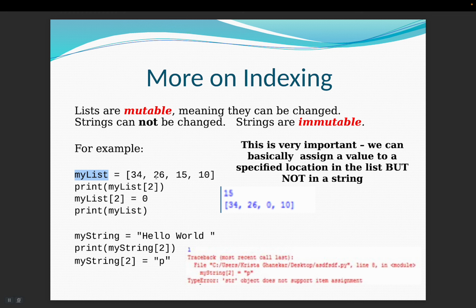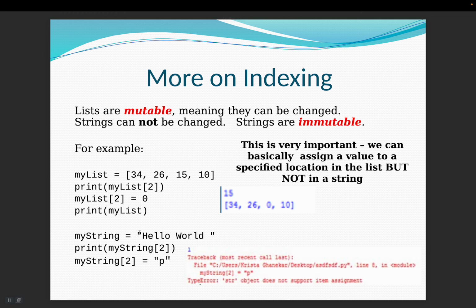We print the second index, 0, 1, 2. That's going to be 15. And then we change it. We say my list at index 2, we want to assign a value 0. Then we print the list again, and you can see here 0 is in the position where 15 was.